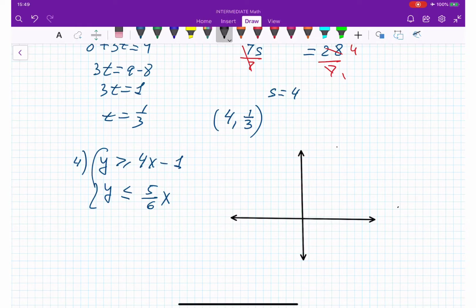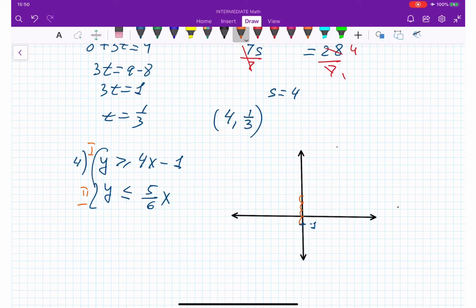So I start with the first one. I will start with the y-intercept, which is going to be negative 1. Here it is. I have negative 1. Let me move this a little bit higher. Okay, so this is my negative 1. And then I have 4 over 1 here, right? So I'm going up by 4. So 1, 2, 3, 4.